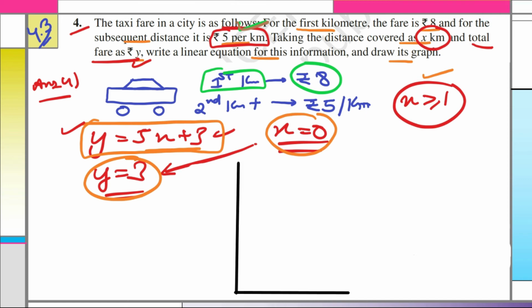In this particular case, this would be the x-axis, this would be the y-axis, and this would be the origin. We first mark the points 1, 2, 3, 4, 5, 6, and so on.